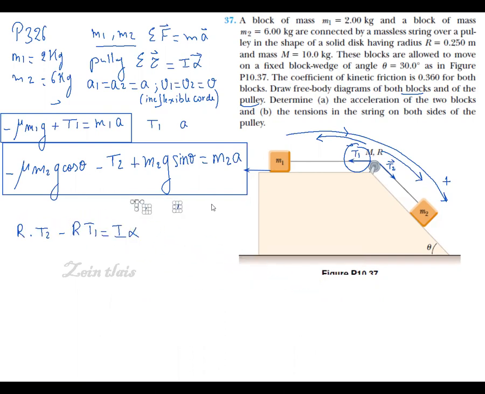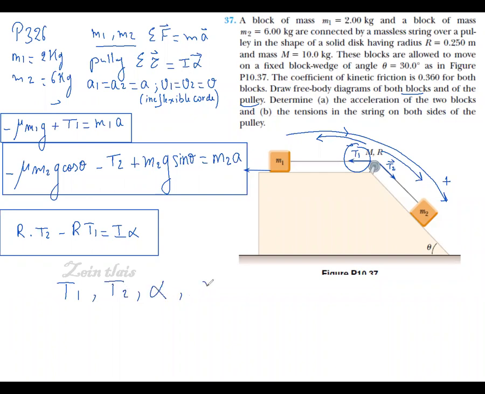As you see here, we have three equations with T1 unknown, T2 unknown, alpha unknown, and A unknown. So with four unknowns, we have a problem now.